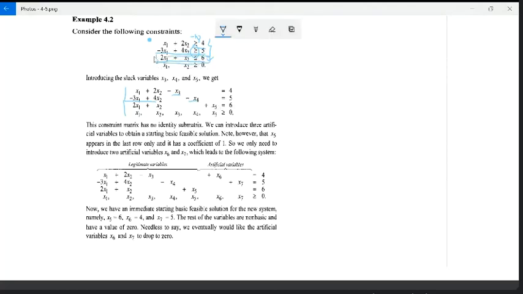Constraint 3 is a less than or equal to 6 case, plus x5 equals 6. This constraint is good. x5 is a basic variable, but x3 and x4 are not good.